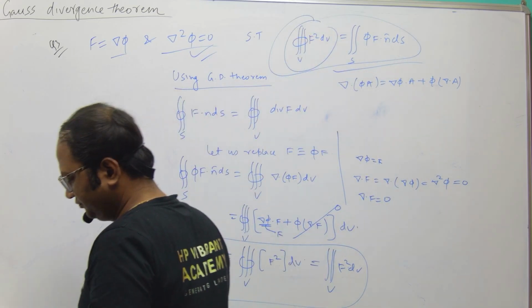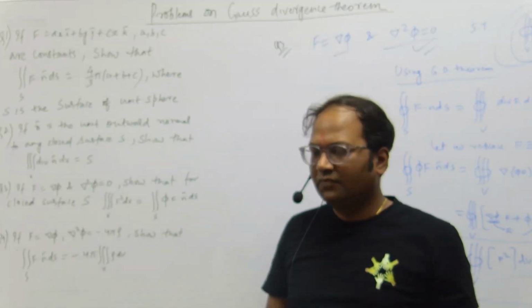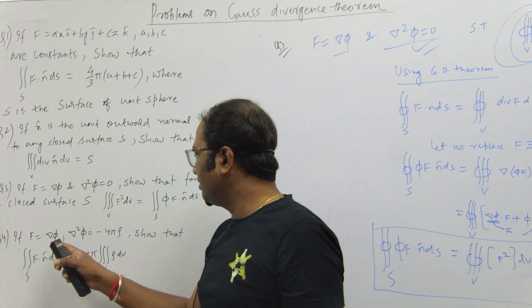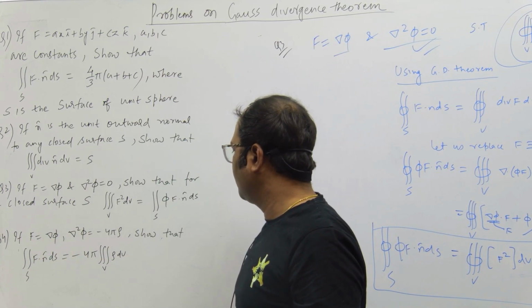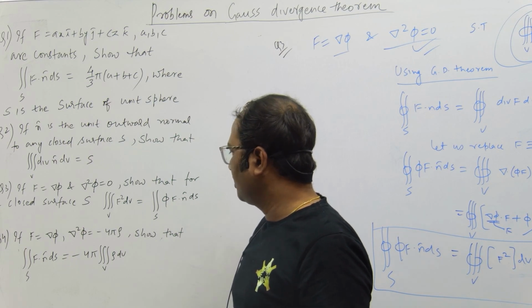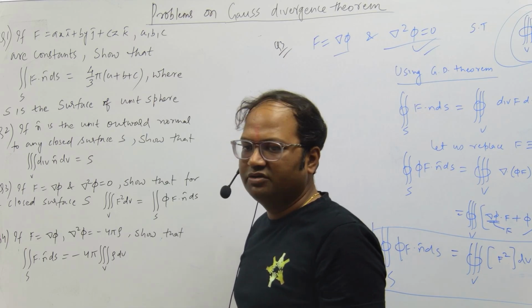What is given in question number 4? F is equal to del phi and del square phi is equal to minus 4 pi rho. Show that the surface integral of F dot n cap dS along the surface S is equal to minus 4 pi times the triple integration of rho dV.